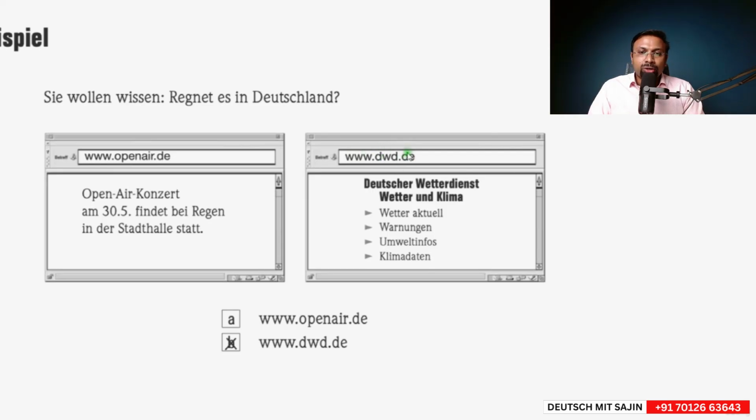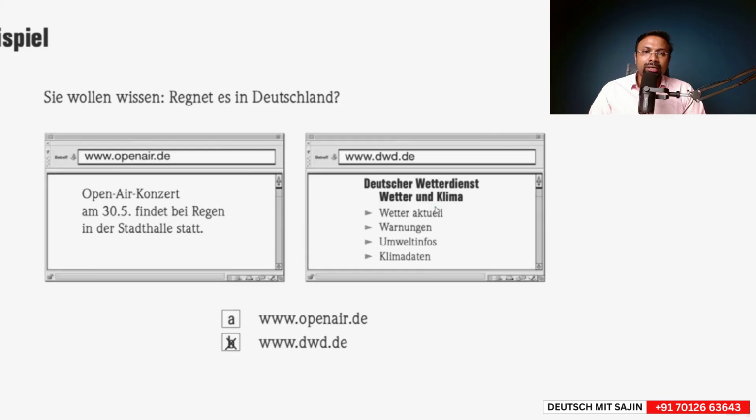www.dwd.de. "Deutscher Wetterdienst, Wetter und Klima, Wetter aktuell, Warnungen, Umweltinfos, Klimadaten." So this is like the German weather service. The Dienst is another word for service. Wetter und Klima, weather and climate.